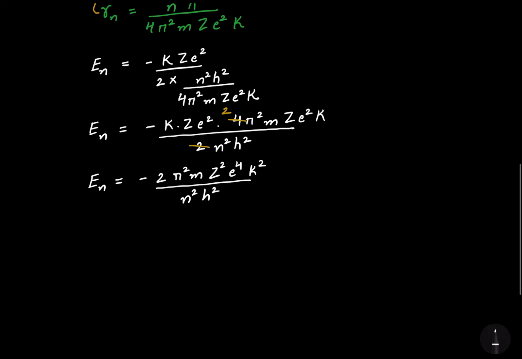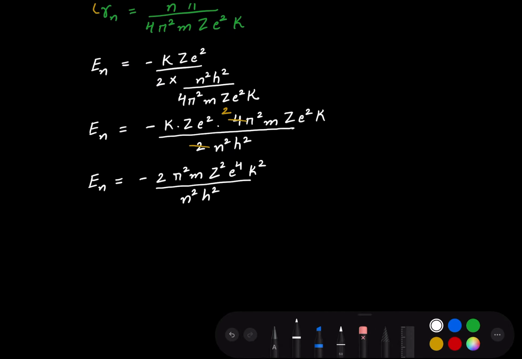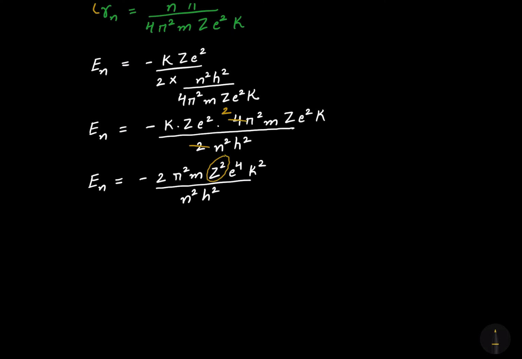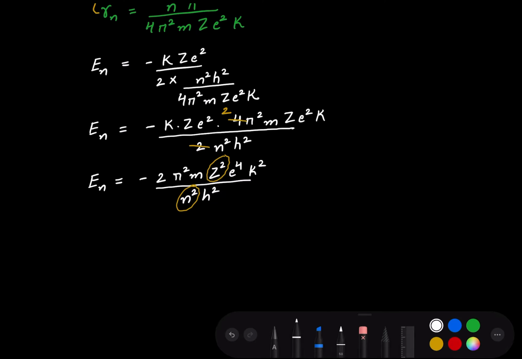Now in this formula you can easily observe that except z and n, all the values are constant. That's 2, pi, m, e, k, h, they all are constant values. So I'm again mentioning the formula.